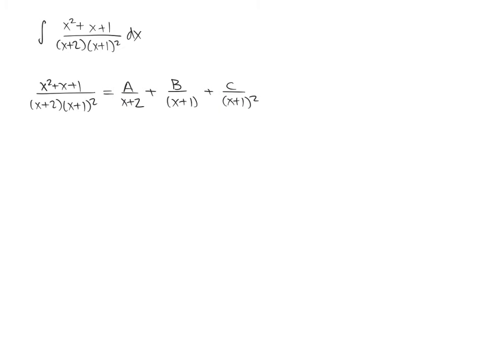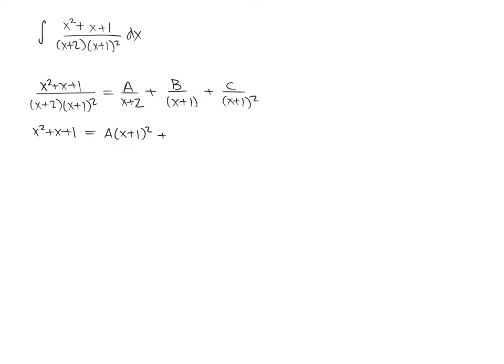Okay. But after that, it's a little bit the same, except for our fancy, clever plug-in stuff is not going to work perfectly. We'll do something different, okay? So first thing, when you multiply by the denominator of the left side, you get x squared plus x plus 1 equals a times what? x plus 1 squared.